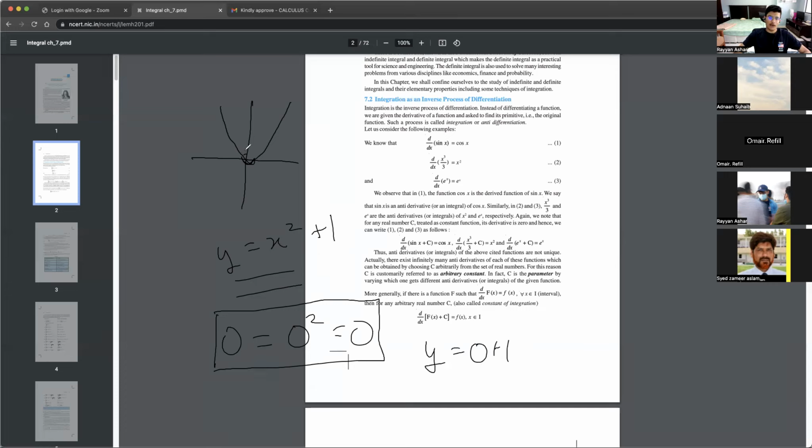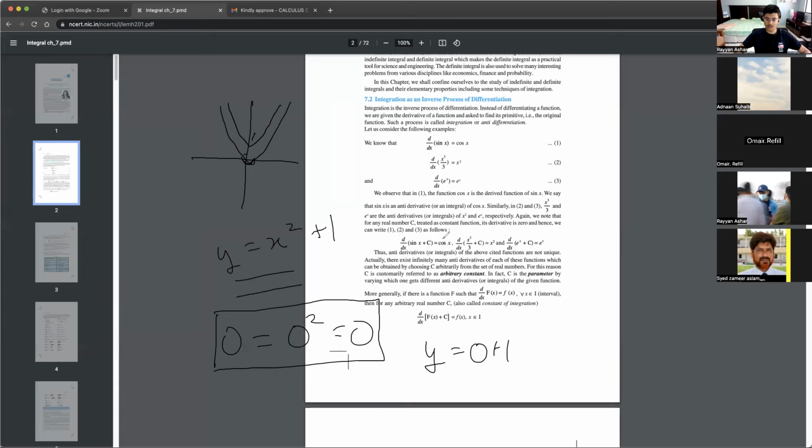So now, even though the derivative of both of these functions, y is equal to x squared and y is equal to x squared plus 1, will be the same, the graph of y is equal to x squared will be offset by 1 on the y-axis. So now, let's say this is 1. The vertex of the graph will be at (0, 1), not at (0, 0).